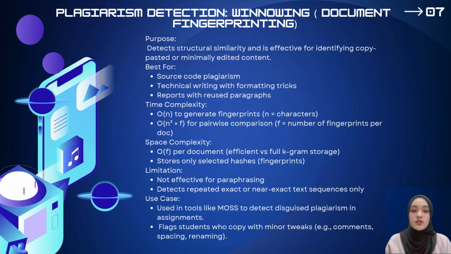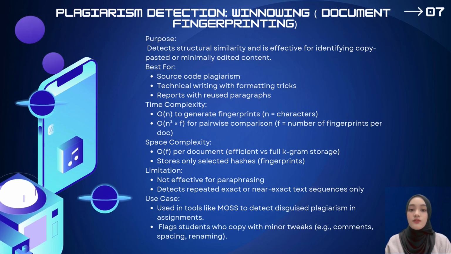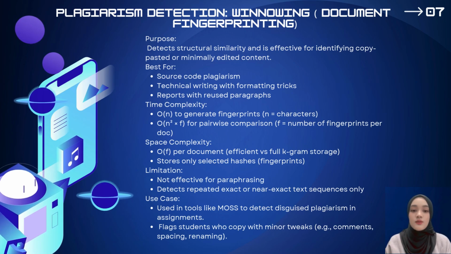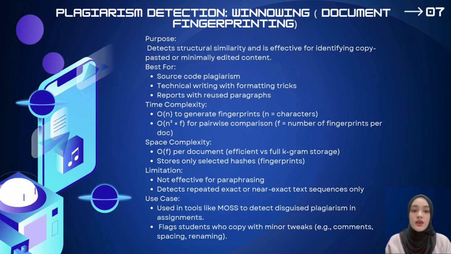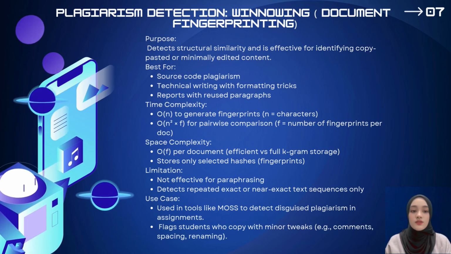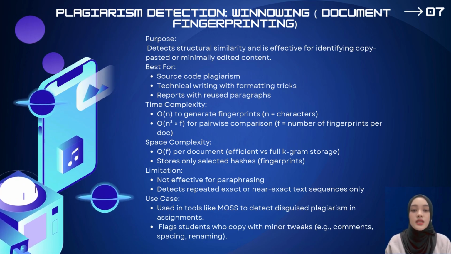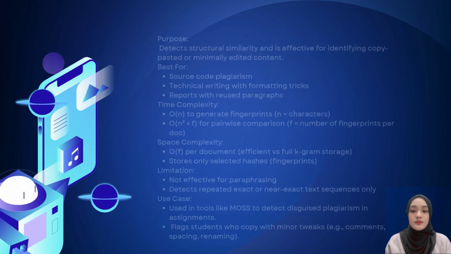Even if a student changes variable names or adds comments, it can still flag those similarities. So overall, it is a fast and practical tool for identifying obvious copying, especially in academic settings.